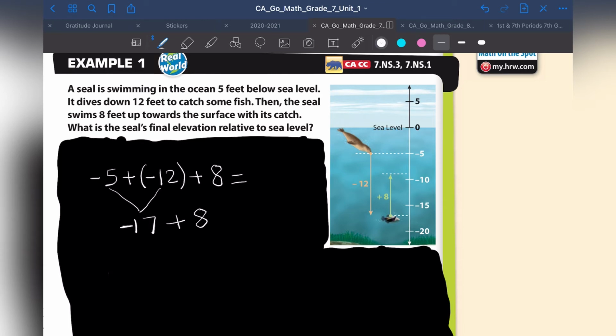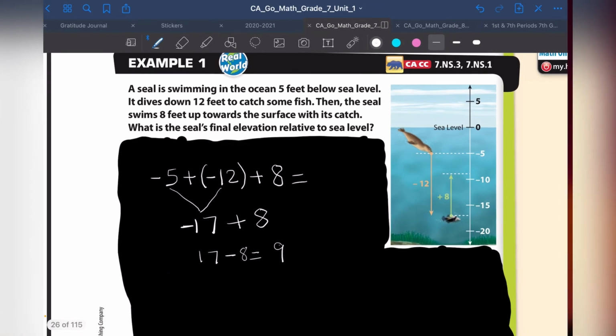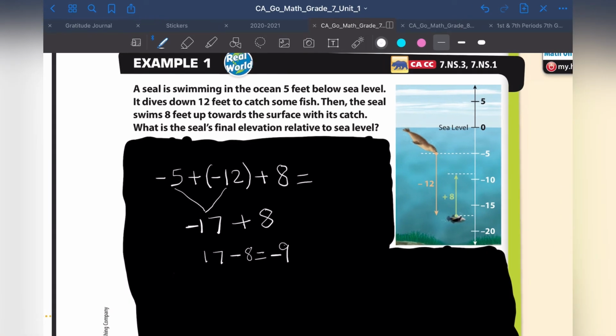So whenever we are adding, we subtract the smallest from the largest and keep the sign of the largest number. So we are going to say 17 minus 8, and that would be 9. And I am going to keep it negative because the 17 is negative.